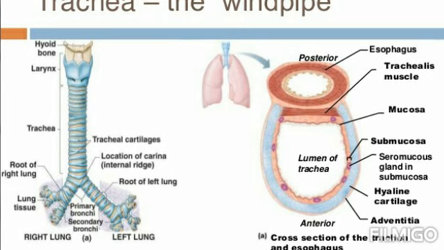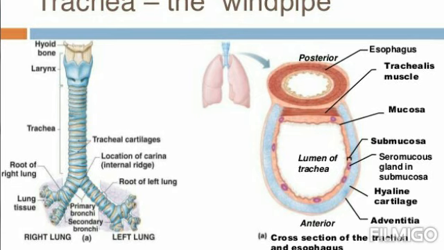This larynx leads to a pipe-like structure called the trachea. The trachea is composed of smooth muscle with C-shaped rings of cartilage at regular intervals. These cartilaginous rings are incomplete on the posterior surface and give firmness to the wall of the trachea.